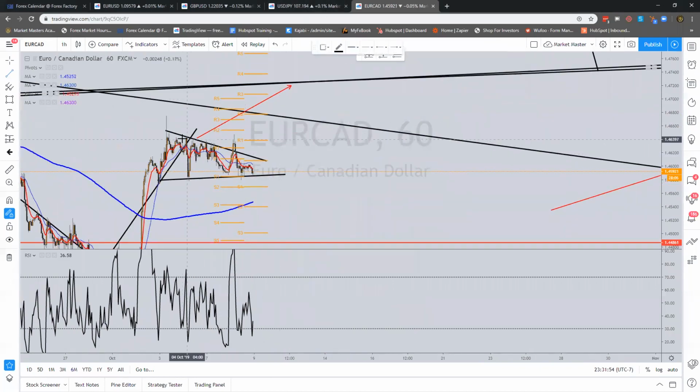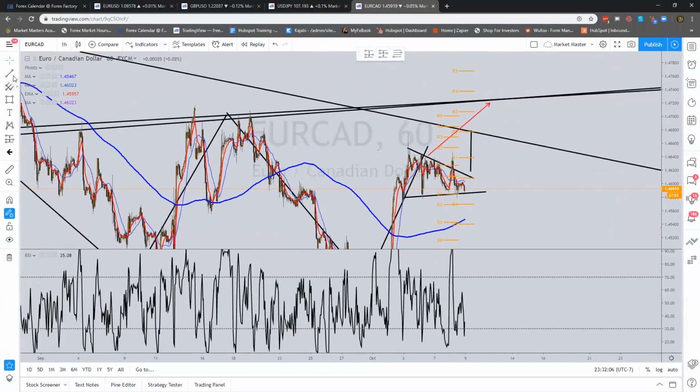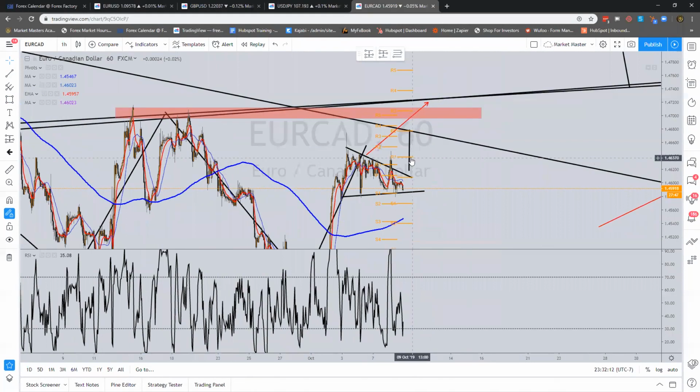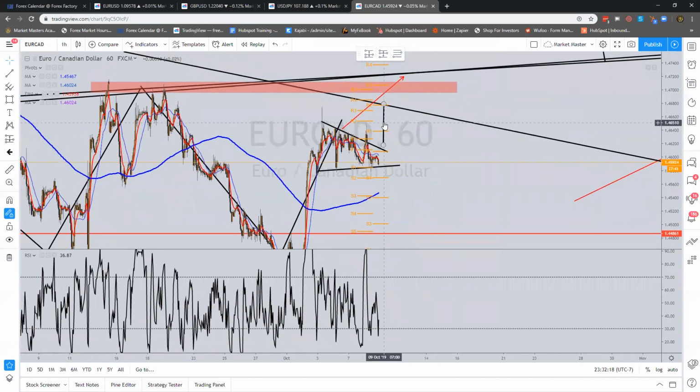The distance from this high to this low is about the distance that it's expected to go once it breaks through. So we'll be looking at it most likely hitting this R2 level up here, or there's a resistance level up here. But usually it's this distance right here. So I'm going to be looking at that for either a bearish trend or a bullish trend.